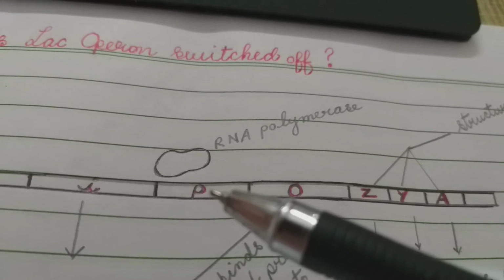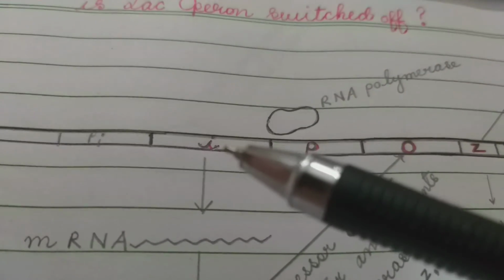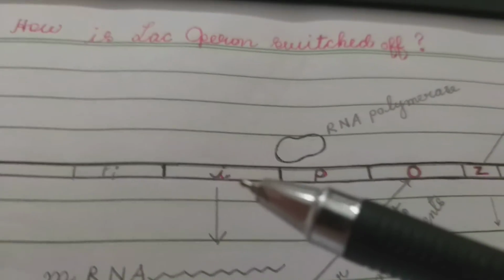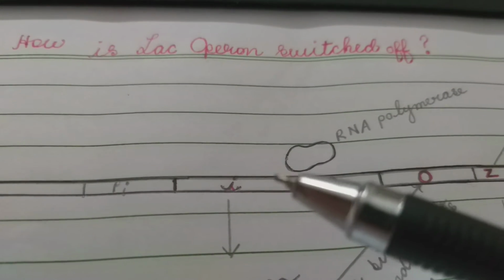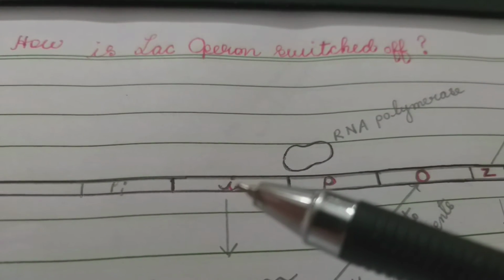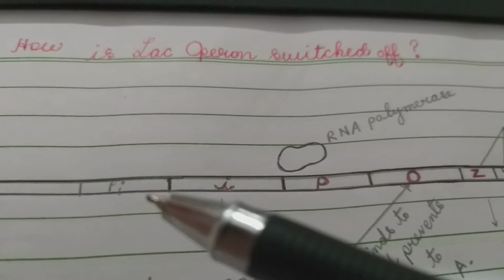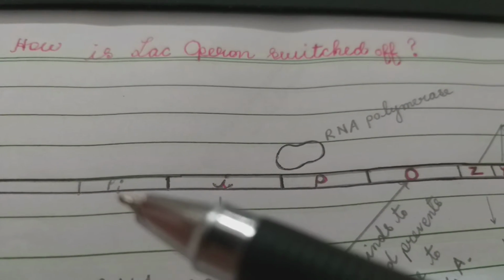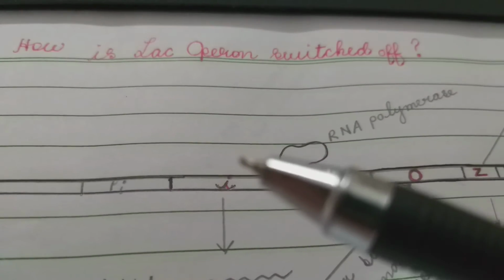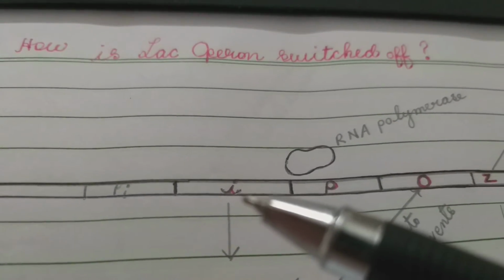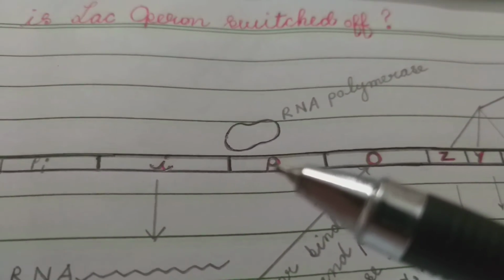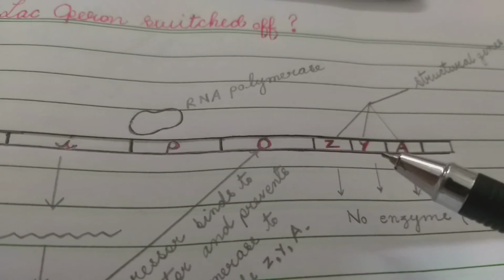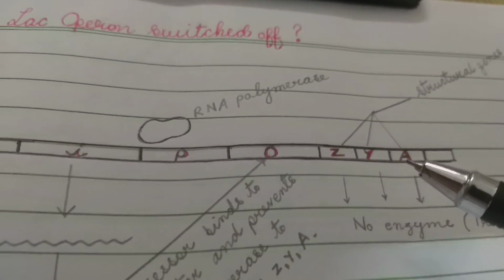Adjacent to promoter gene, this is the regulatory gene, represented by small i. And this is the promoter of regulatory gene i, Pi, and this is the promoter for structural genes Z, Y, A.